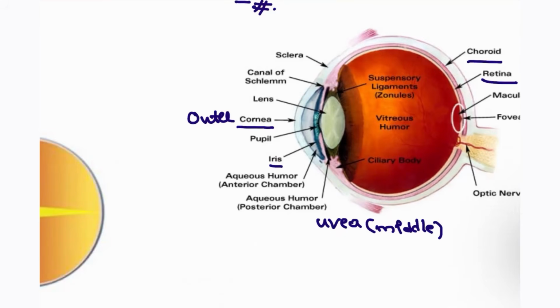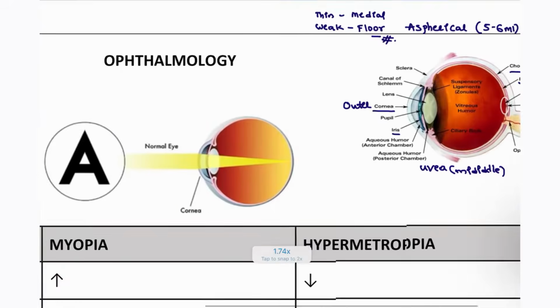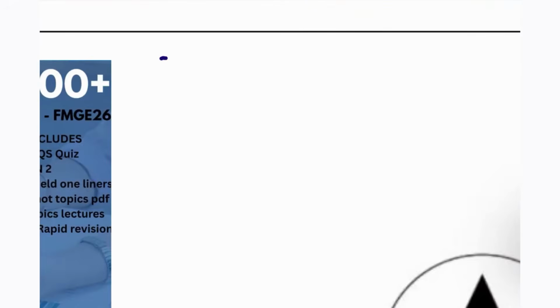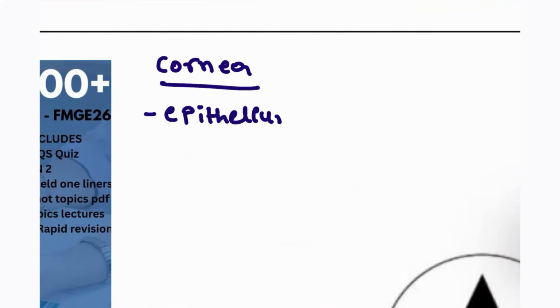Next, moving on to the cornea. The cornea has very special importance, and it has specific layers. First, the outermost layer is the epithelium, which is avascular, so even if it gets damaged, it does not regenerate.